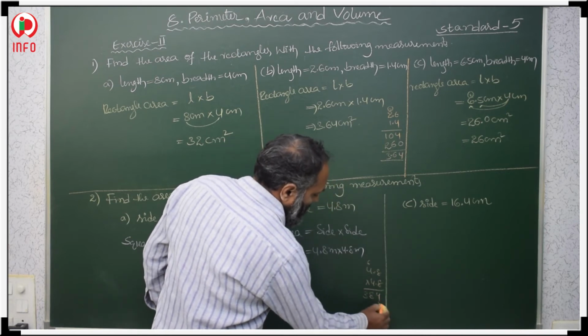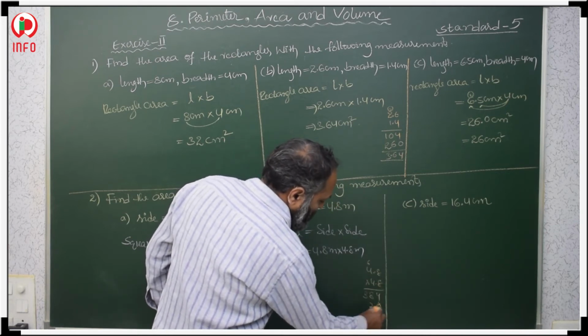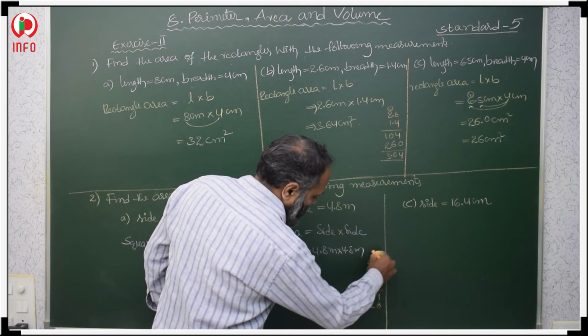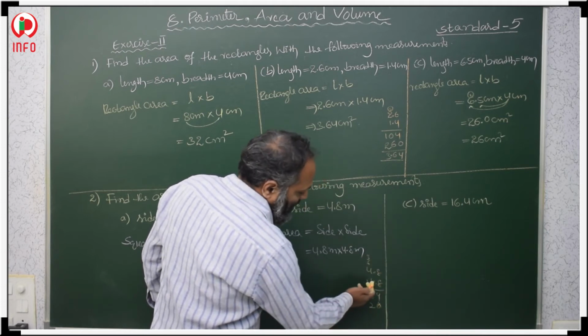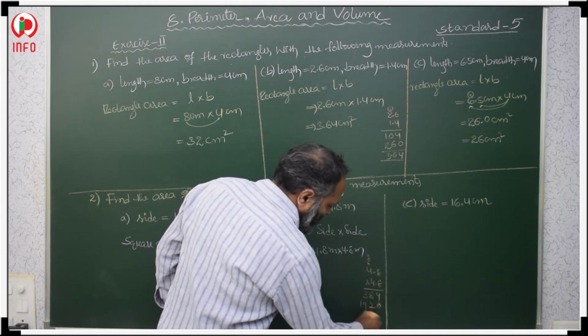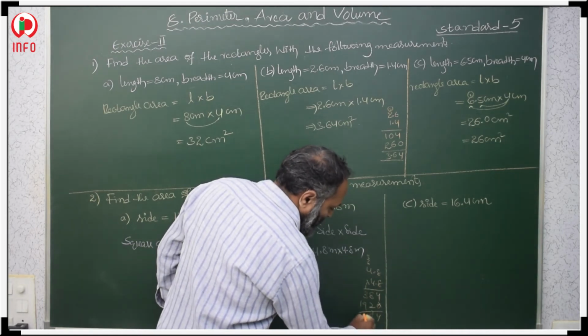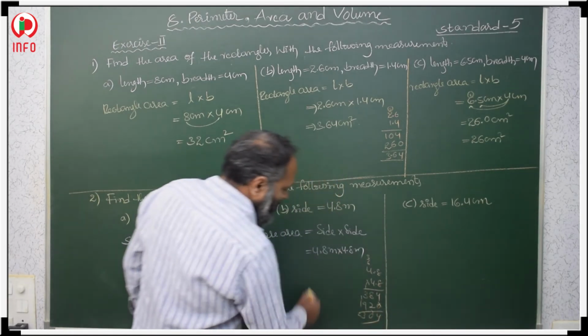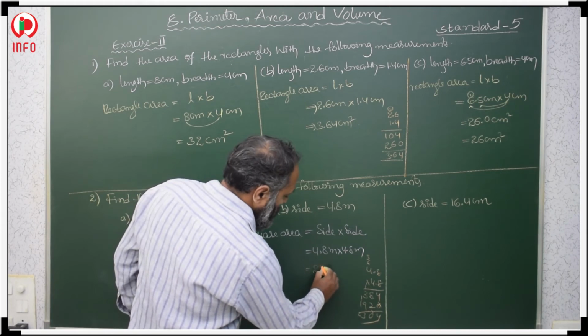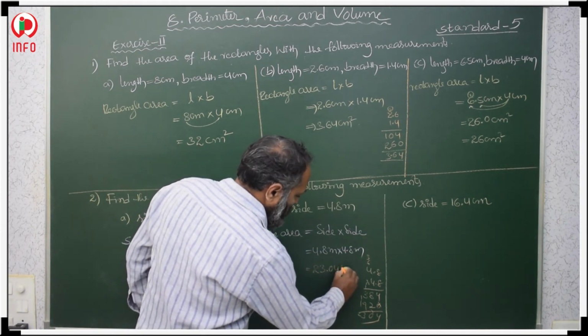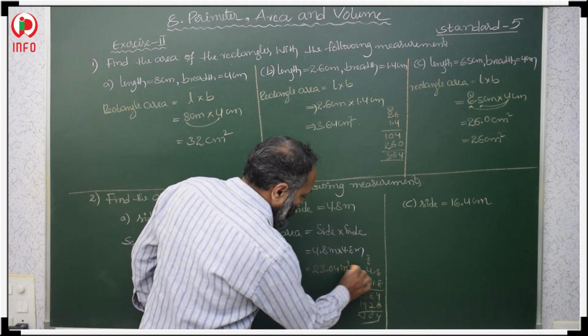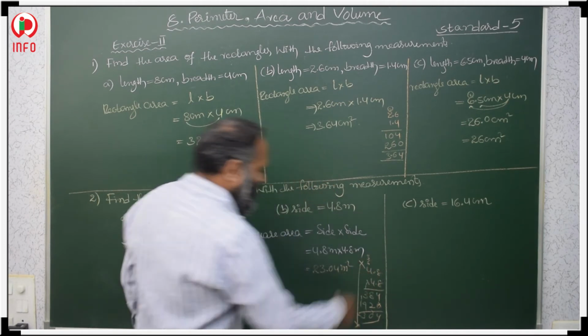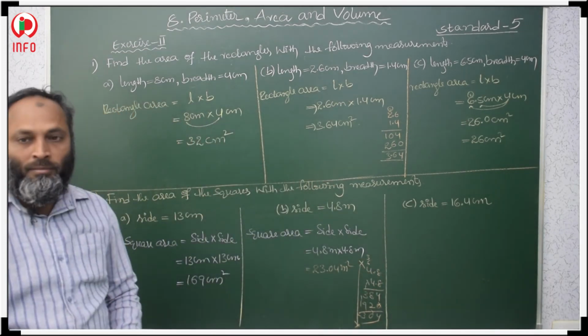Now here 0. 4 8s are 32, 32, 3. So 4 4s are 16, 19. 4 1s are 4, 1, 13, 1, 2. Means 23.04. After 2 digits we have to keep a decimal. So this is the area of square.